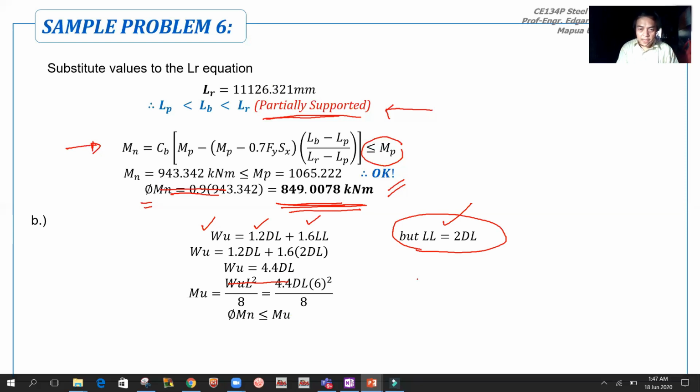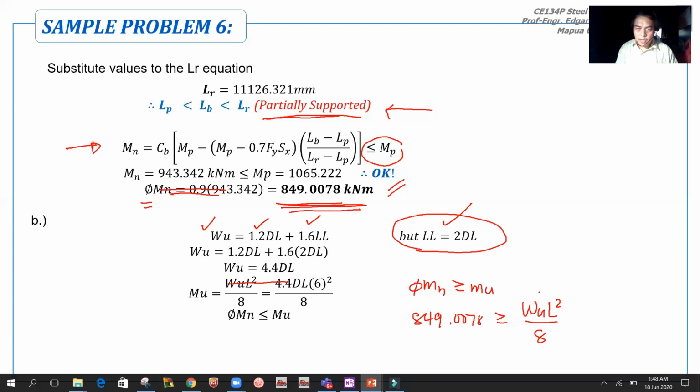Now, diba phi Mn should be greater than or equal to Mu. Tapos yung phi Mn, nakuha na natin yung phi Mn natin, yung 849.0078 greater than or equal to Mu. Ang Mu natin is the maximum moment. O, ano maximum moment sa uniform load simple beam? Diba? W L square over 8.